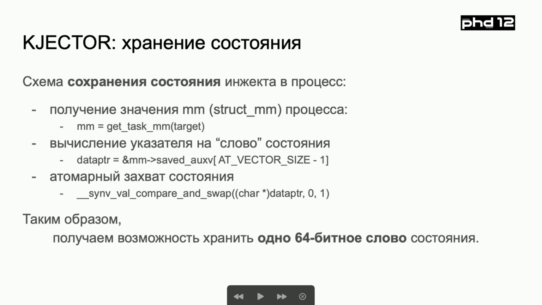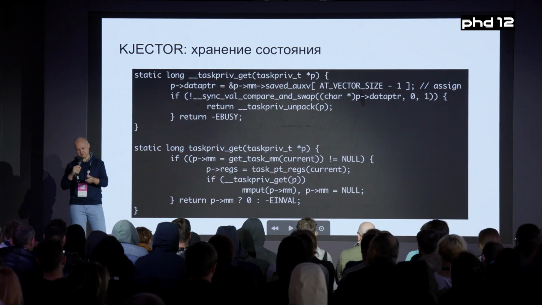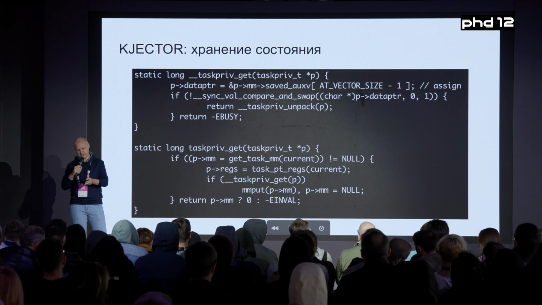So it may easily happen that when we want to capture the state, there will be another thread running on a different CPU, and we may actually get it wrong. It can be used for syncing as well. But most importantly, we can store state information in 64 bits.